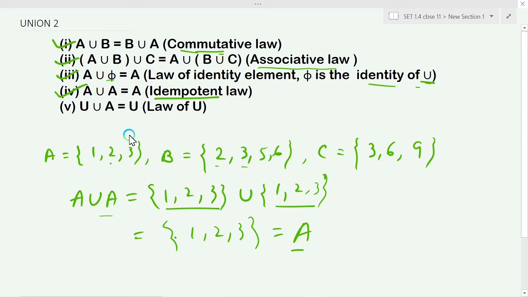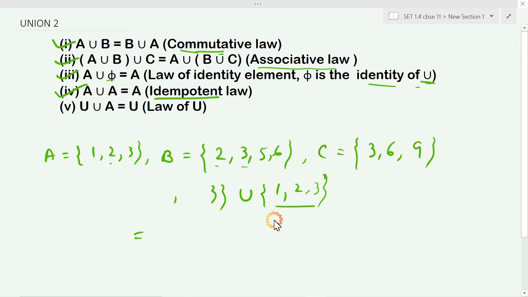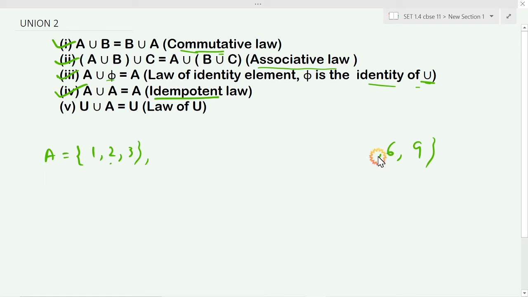Now the last one is the universal set. The union of any set with the universal set is the universal set. Okay, now we take a universal set U for the set A as 1, 2, 3, 4, 5, 6.